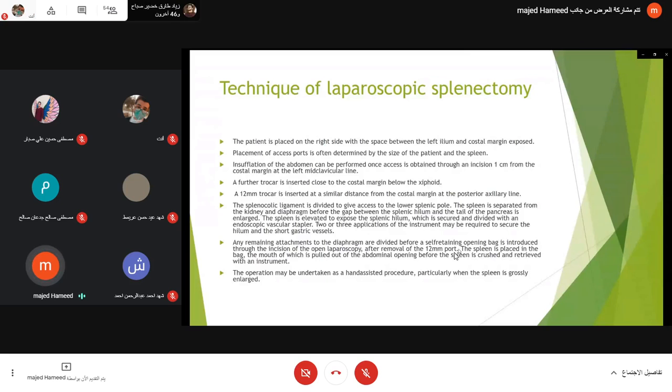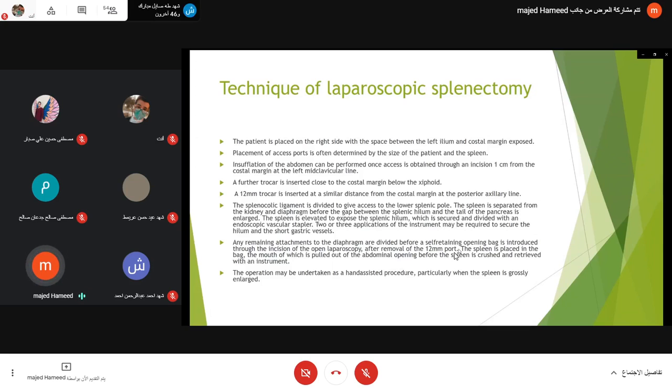Two or three applications of the instrument may be required to secure the hilum and the short gastric vessels. Any remaining attachments to the diaphragm are divided before a self-retaining retrieval bag is introduced through the incision of the laparoscopy. After removal of the 12 mm port, the spleen is placed in the bag, the mouth of which is pulled out of the abdominal opening, before the spleen is crushed and retrieved with an instrument.